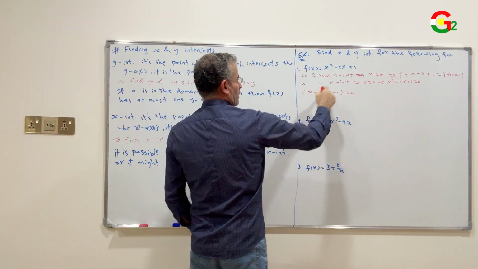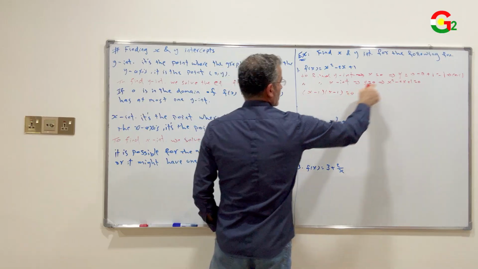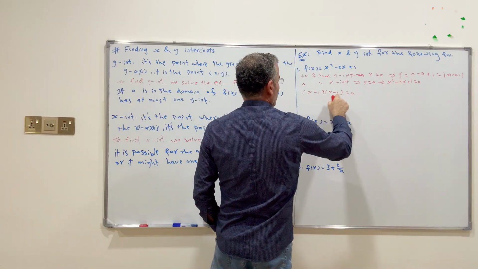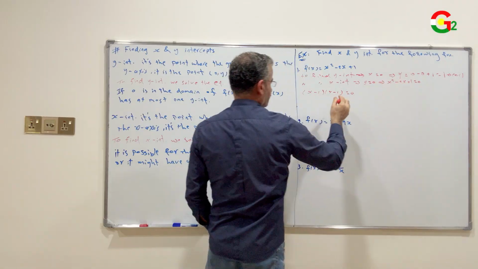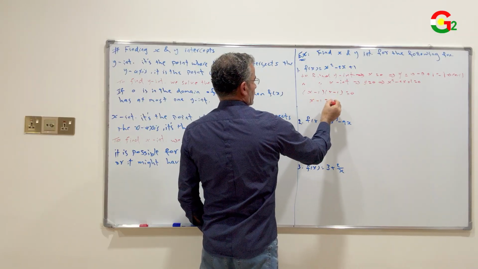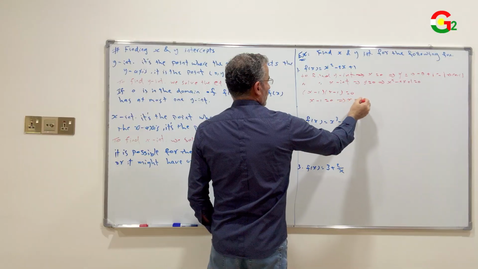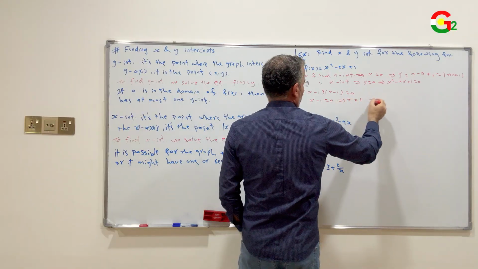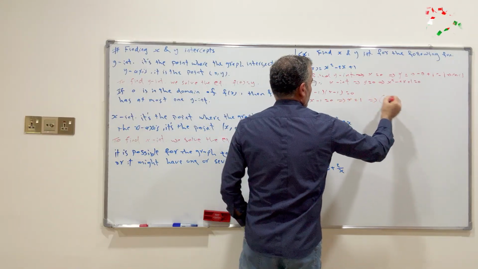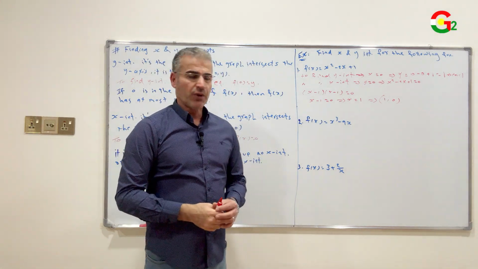If you want to check, x times x is x power 2, minus x minus x, negative 1 times negative 1 is plus 1. Then x minus 1 equals 0, so x equals 1. This gives me that (1, 0) is the only x-intercept point.